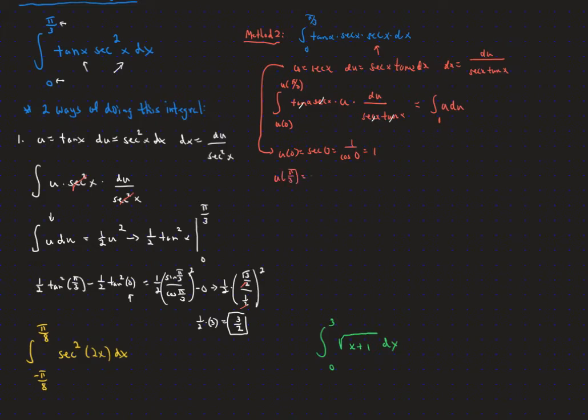So that's going to be the secant of pi over 3, which is 1 over cosine of pi over 3, which is going to be 1 over 1/2, which is 2. So our integral becomes the integral from 1 to 2 of u du.